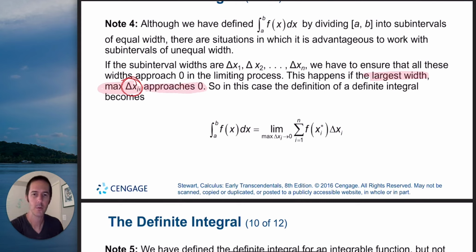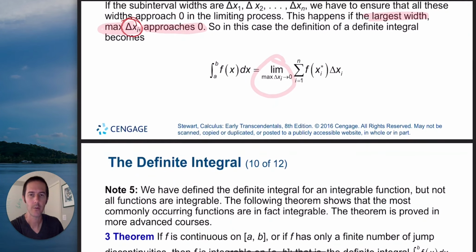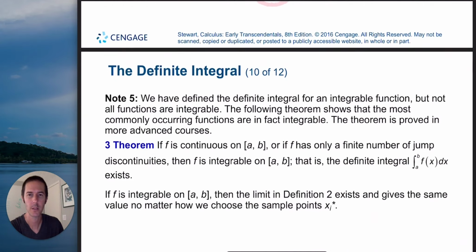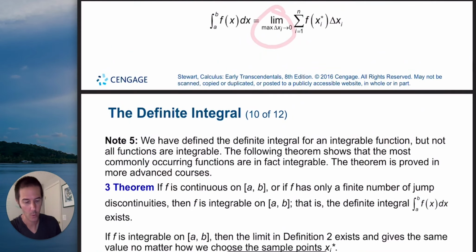So as long as we're still taking a limit down here that causes our rectangles to become extremely skinny or narrow, then it's okay. We'll still get a solid value for the area under our curve. We will still be able to evaluate the integral using a Riemann sum, where we're applying a limit to the Riemann sum.